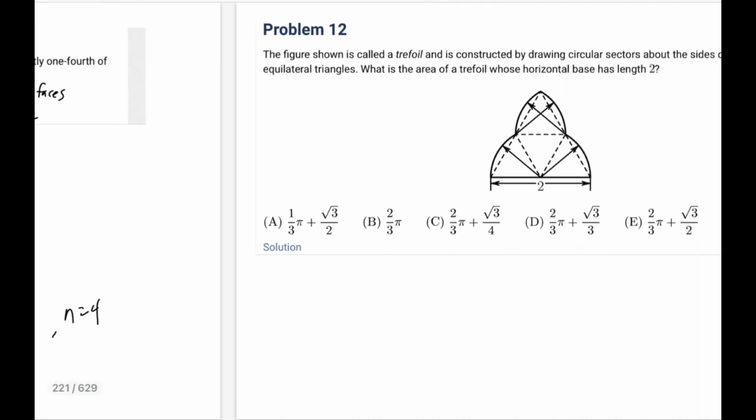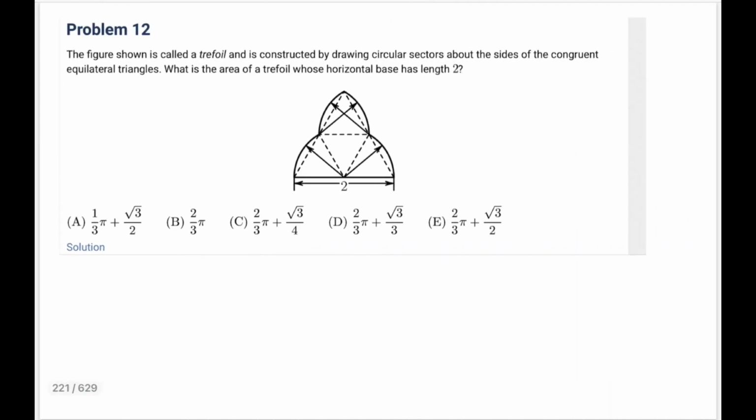And then problem number 12. The figure shown is called a trefoil. So the trefoil is this whole shape, and it's constructed by drawing circular sectors about the sides of congruent equilateral triangles. What is the area of a trefoil whose horizontal base has length 2?